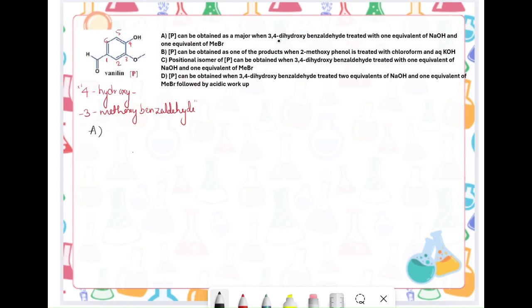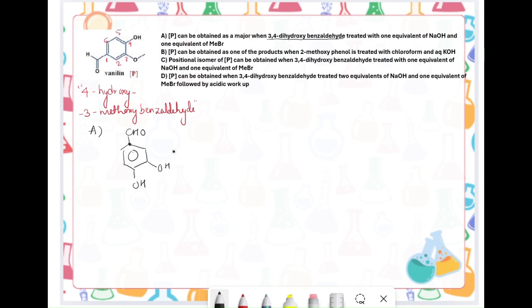Alright, so first we need to decode how to convert this name to structure. So first you start from here, benzaldehyde. What is benzaldehyde? Benzene with CHO. And now 3,4, if this is the ipso carbon, so 1, 2, 3 and 4 dihydroxy, right?